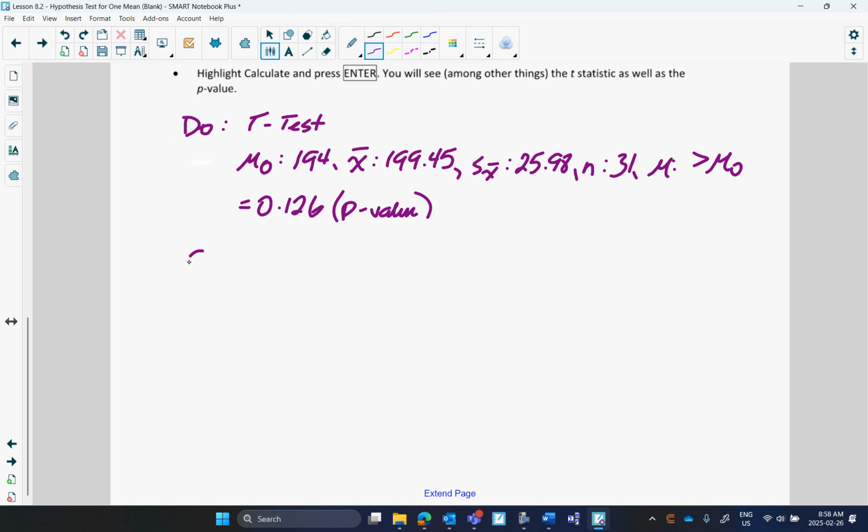And then conclude just exactly what we did on the previous page. That's our p-value. It's greater than our alpha value, sorry, thank you.